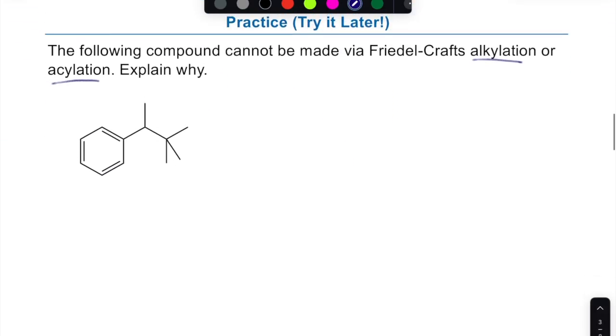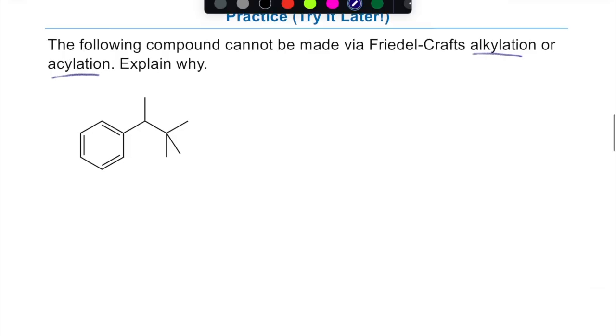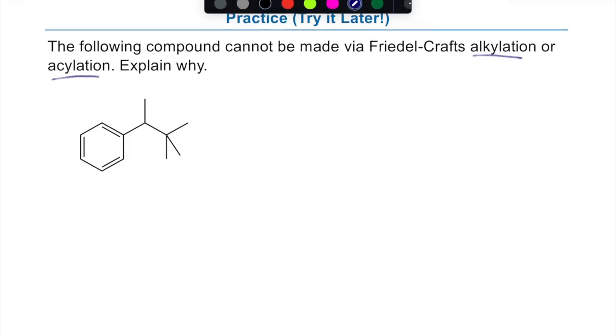For this next question, it's asking to rationalize why this product can't be made with the Friedel-Crafts alkylation or acylation.